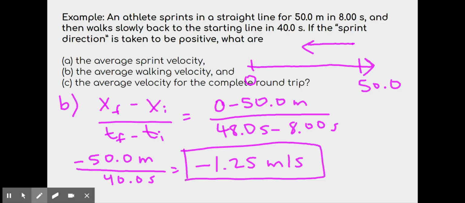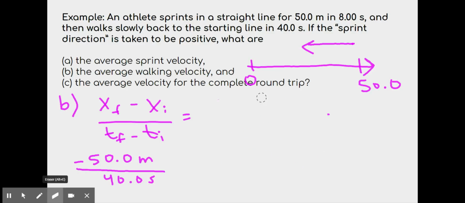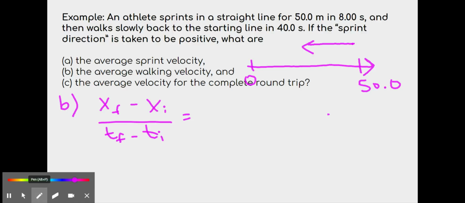And now we just need to find the average velocity for the entire trip. So let me go ahead and erase this so we can do that. We're going to keep this bit of information. And the final position, well, the athlete started at 0. The athlete started here.